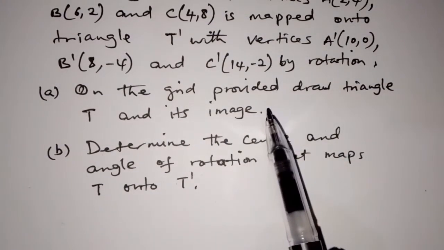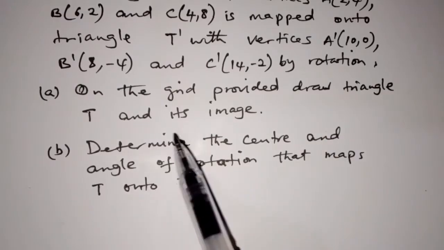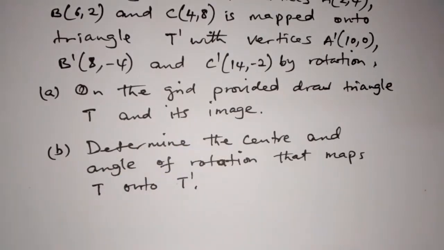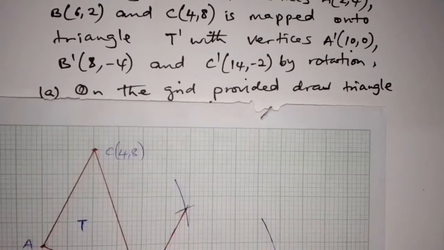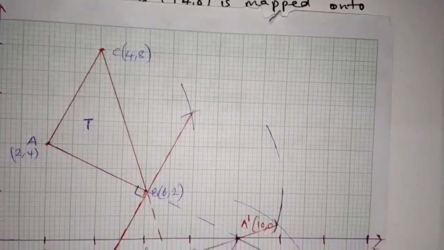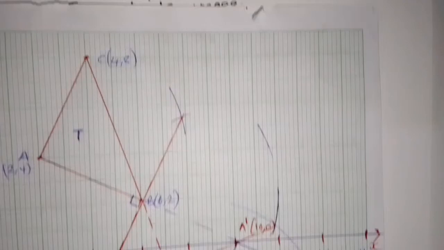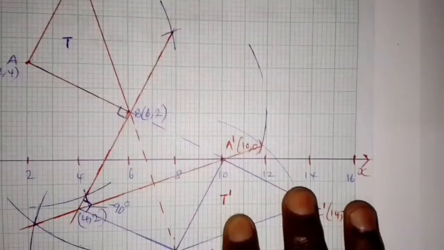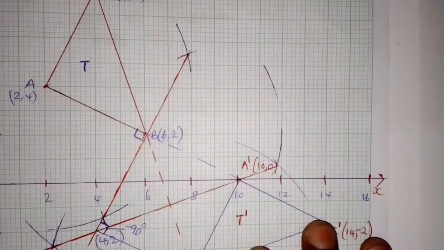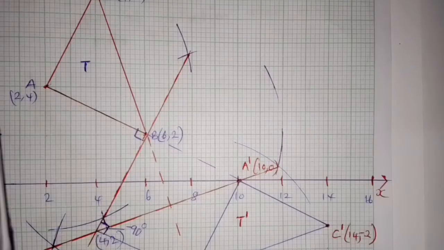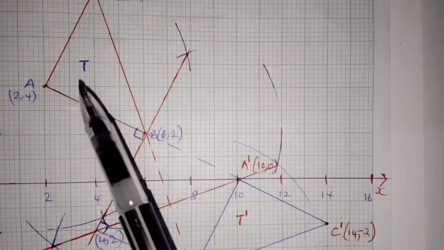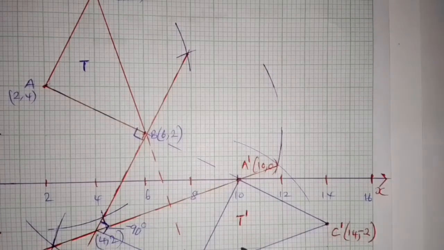So now, on the grid provided, draw triangle T and its image. We can use a paper like this to sketch it. This is our x-axis, this is our y-axis, this is the object T, and this is the image T prime.